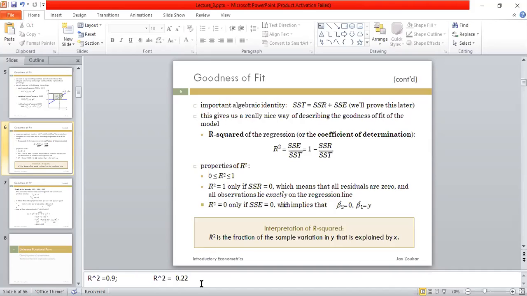What type of R squared is a good one? If it's 0.9, obviously it's good. If it's 0.8, still good. 0.7 is okay. But if you get 0.2 or 0.1, 0.05, 0.23, these are poor numbers, and we know how to explain R squared. Very important, how to explain R squared.